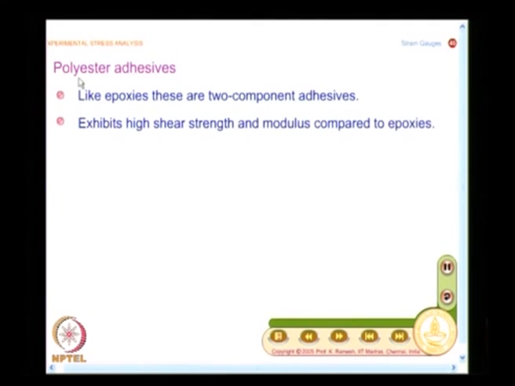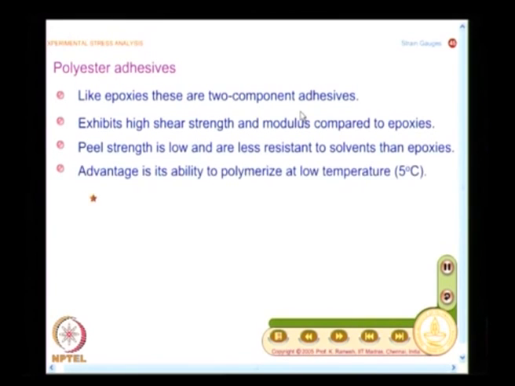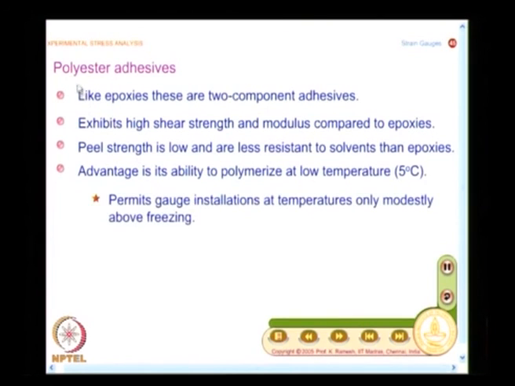And polyester adhesives are very similar to epoxies, they are also 2 component adhesives, and the advantage of polyester is its ability to polymerize at low temperature, about 5 degrees centigrade. So, it permits gauge installations at temperatures only modestly above freezing temperature.